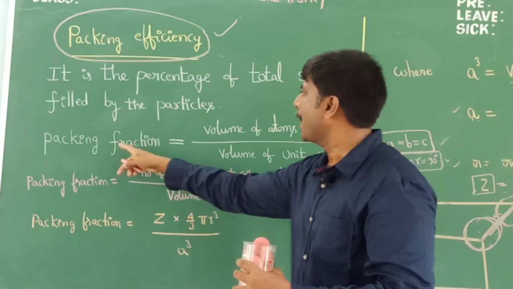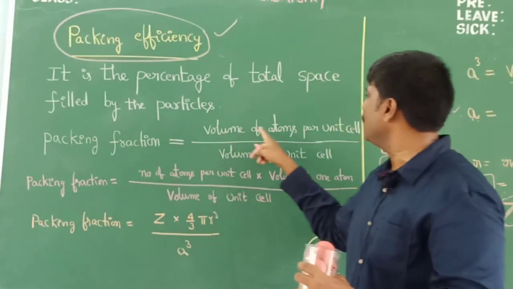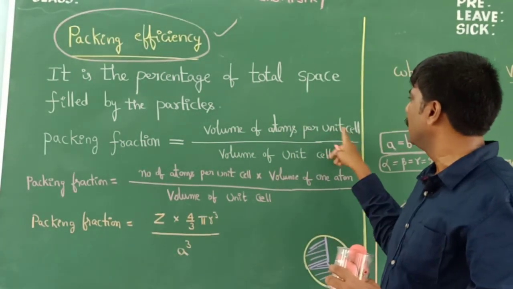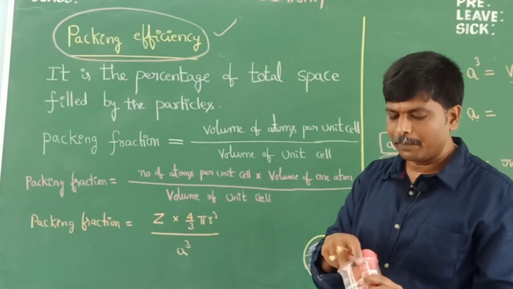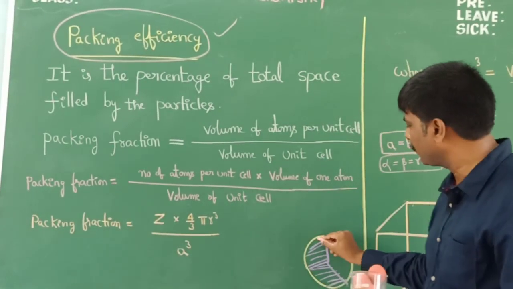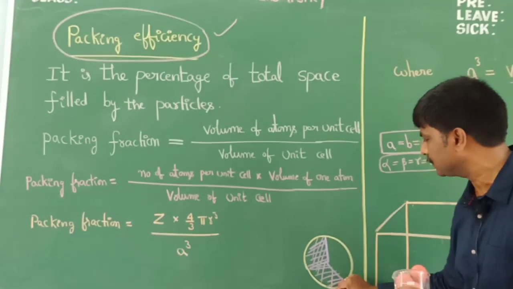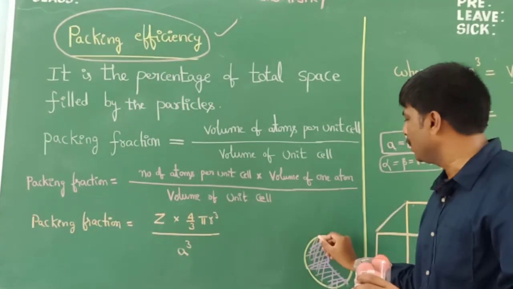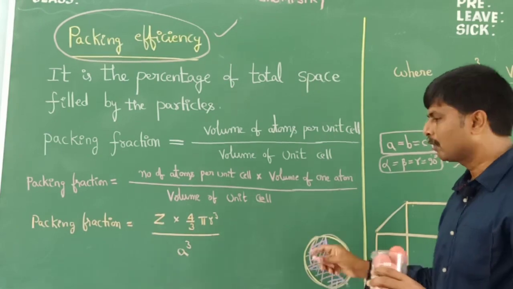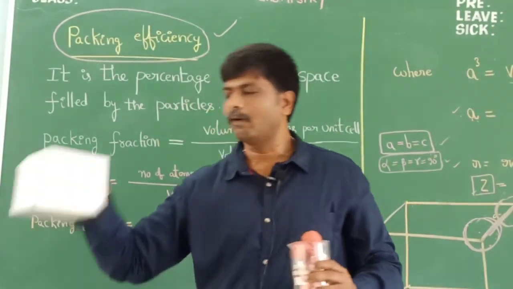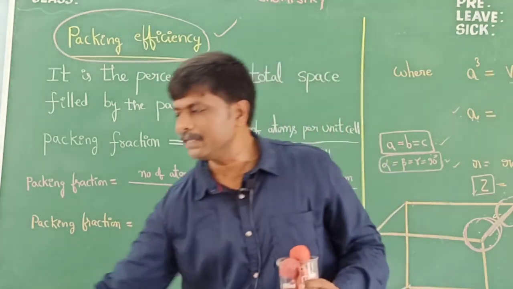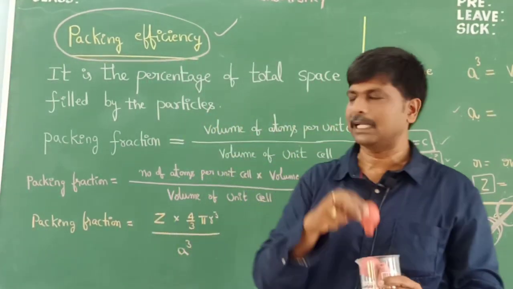You can say packing fraction is the volume of atoms per unit cell, that is, how much volume is occupied by atoms, divided by the volume of the unit cell, which is the total volume.